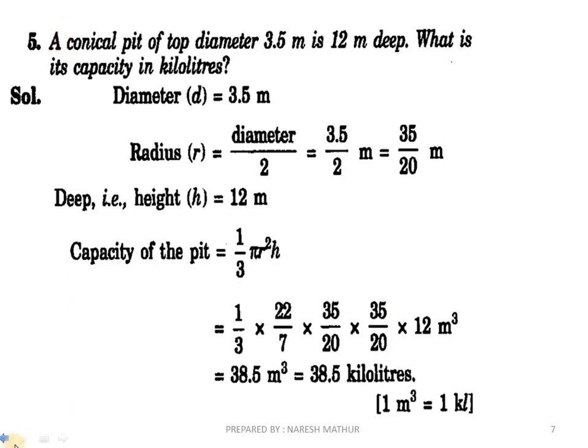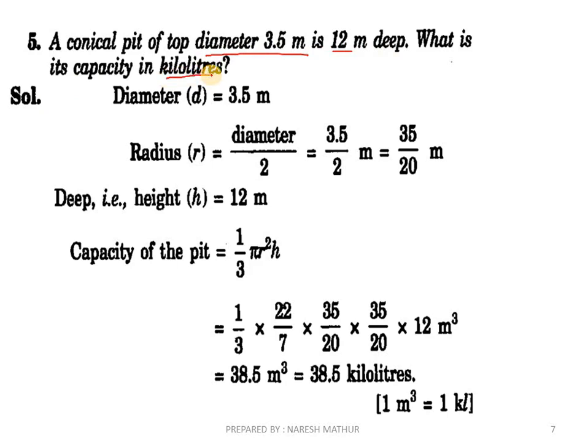In the next one, we are given a conical pit of top diameter 3.5 meter and 12 meter deep. So we have the diameter, by this we can get the radius, and height is given as 12 meter. What is its capacity in kiloliters?